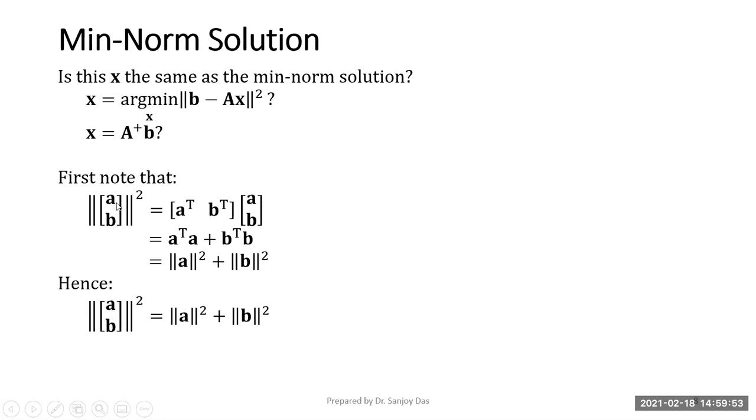I take the transpose of A and the transpose of B, and rewrite it as a row vector: A transpose, B transpose, times AB. This equals A transpose A plus B transpose B. What's A transpose A?